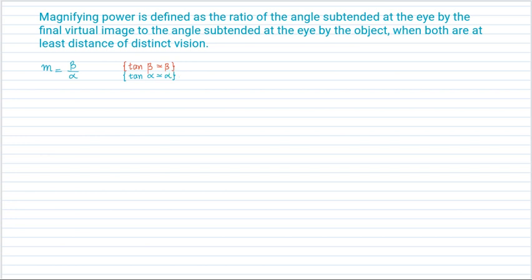So let us substitute this condition here. Instead of beta, let us write tan beta, with an approximately equals sign, and instead of alpha I can write tan alpha. Note I can write this only if alpha and beta are small angles.